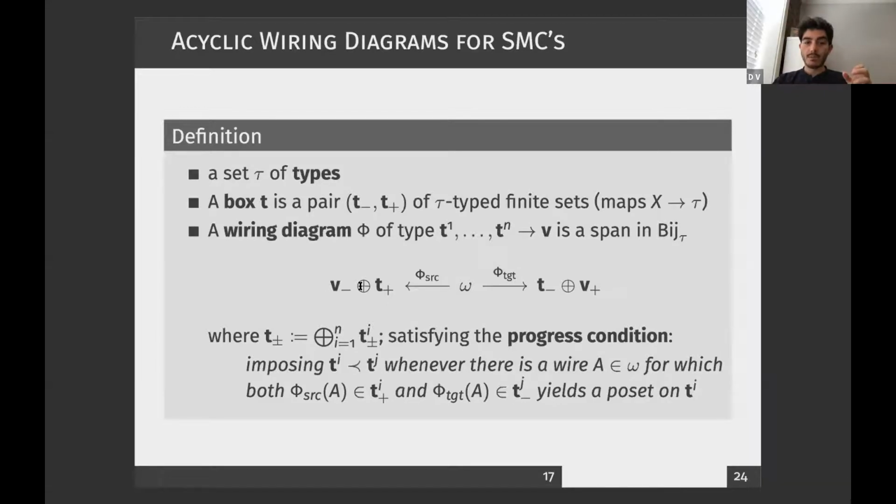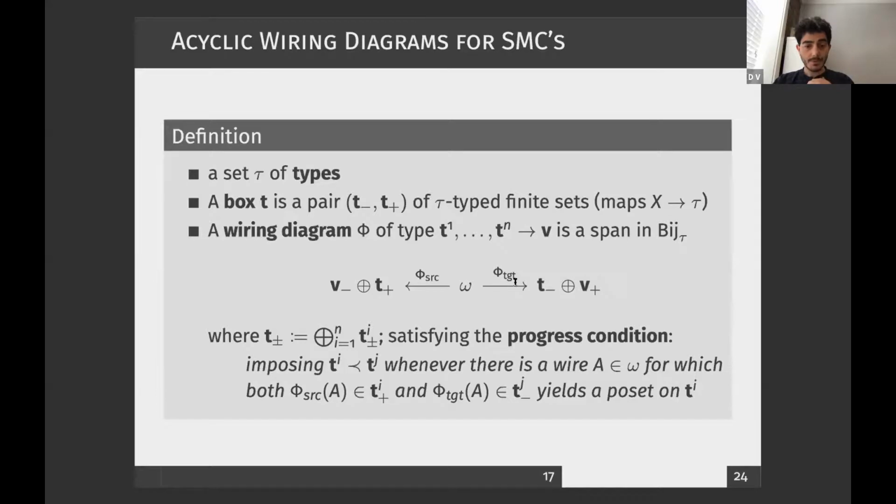The imports of the outer box direct sum with the exports of the inner boxes are then connected via this wiring diagram to the imports of the inner boxes and the exports of the outer box, where this boldface T is just direct summing across all of the T sub i's.